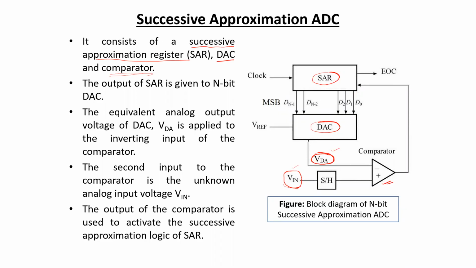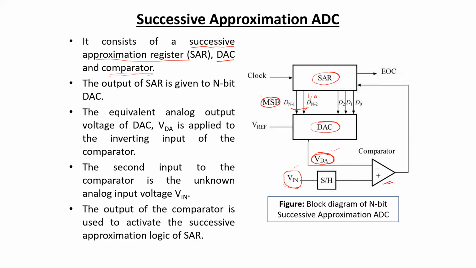Now, to elaborate a little bit more, the successive approximation register checks each bit at a time. It starts from the MSB. It tries to decide whether the MSB should be set to 1 or 0. When the decision for the MSB is taken, it moves on to the next bit and tries to decide the state of this one, whether 1 or 0.